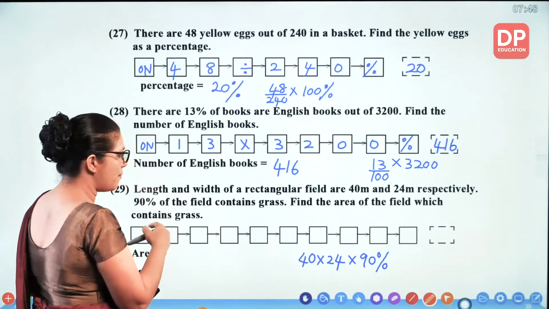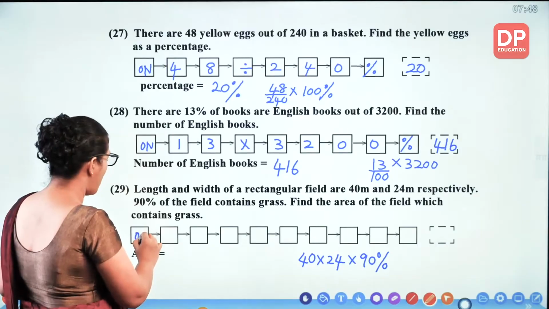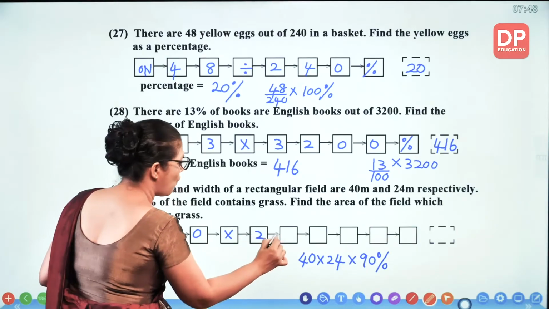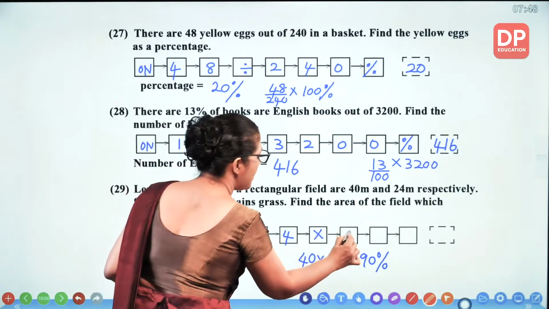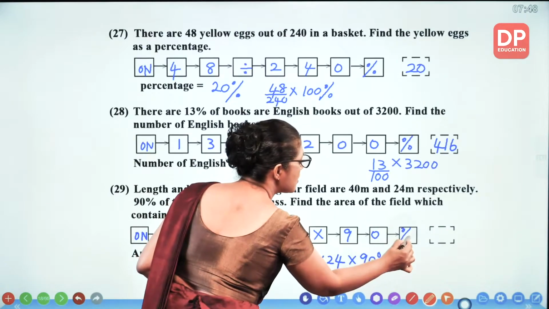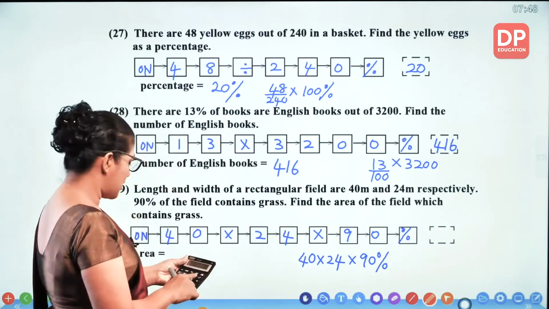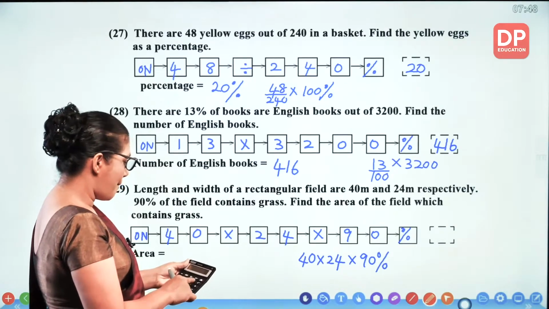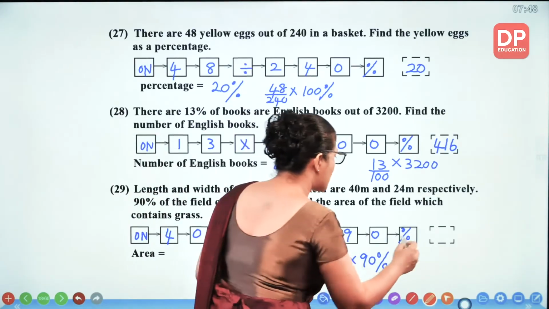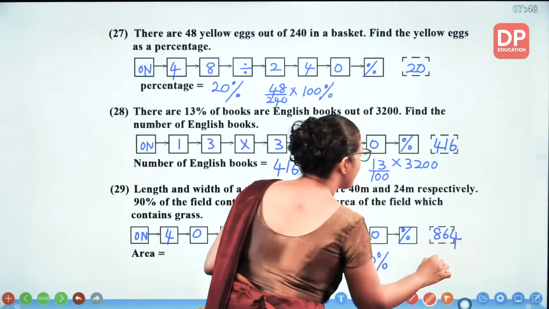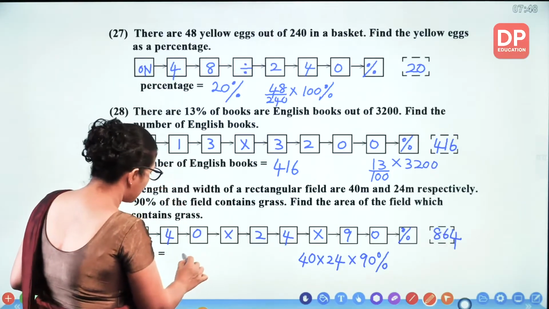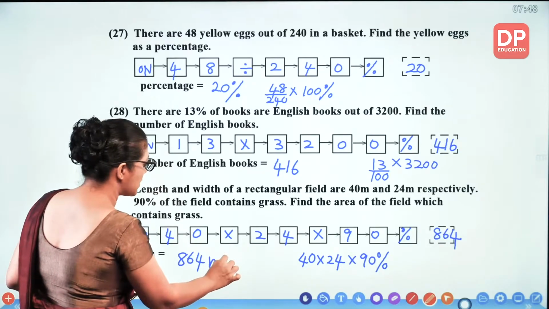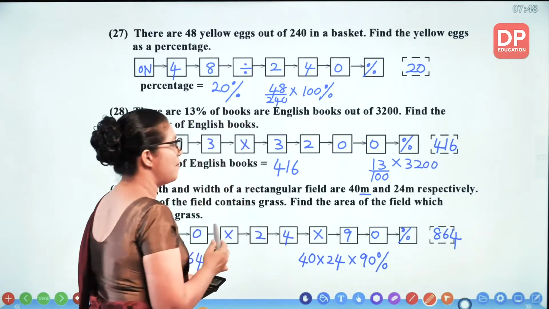So switch on, 40 multiplied by 24 multiplied by 90 and then the percentage sign. You get 864. So the area is 864 square meters, because this is given in meters.